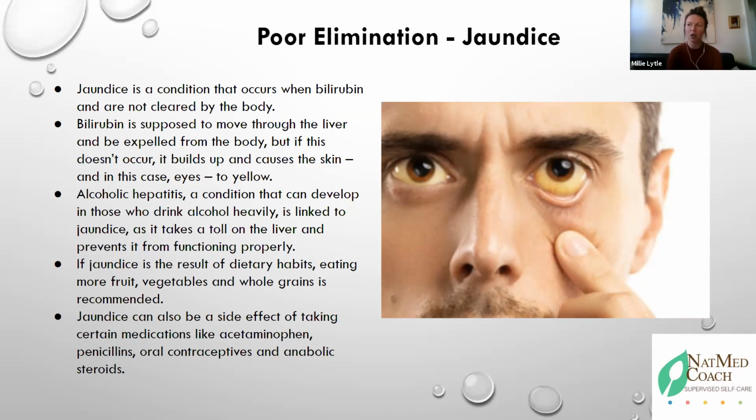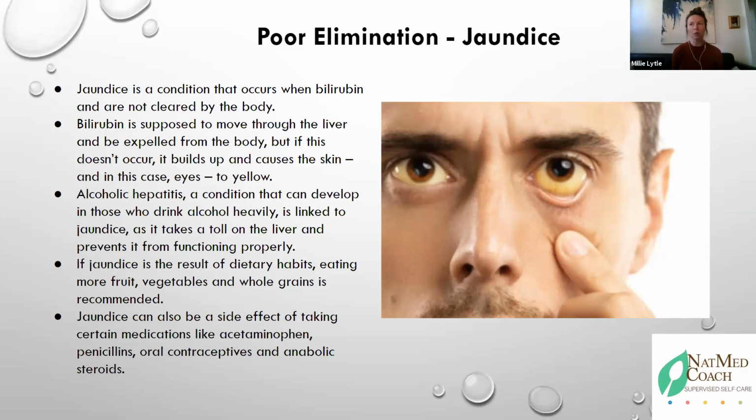And basically with jaundice, it's the inability of bilirubin to be cleared from the body. As I mentioned before, our red blood cells die every 60 to 100 days, and that means our body has to break down hemoglobin. Hemoglobin is the protein in red blood cells that distributes oxygen, and so our body has to get rid of that. If hemoglobin can't be broken down properly, then our bilirubin builds up.